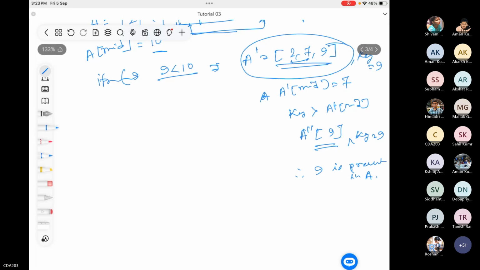In this way, you can modify this binary search algorithm. So let me write the pseudocode for it, and then we'll go for running time.